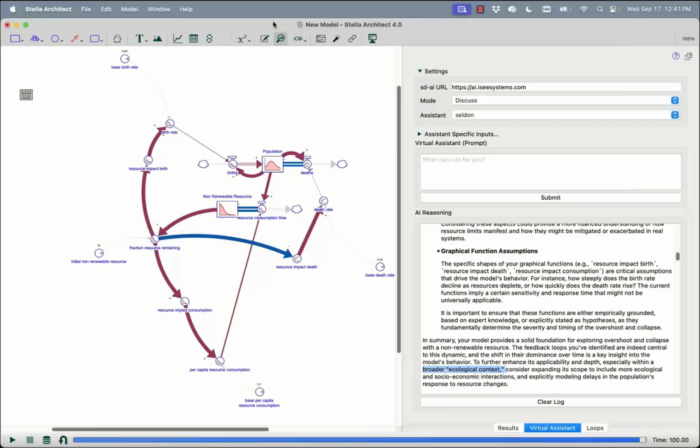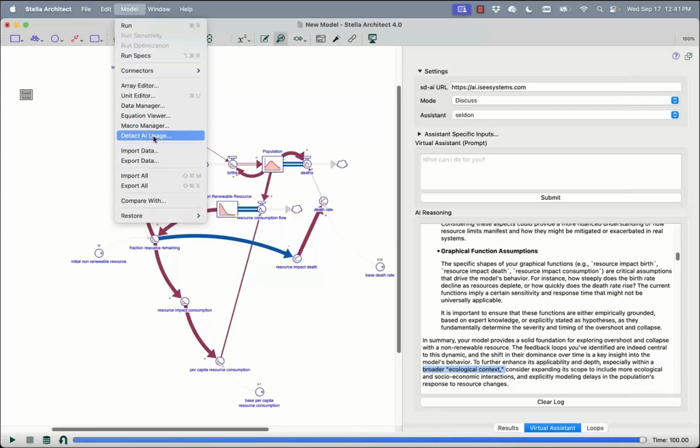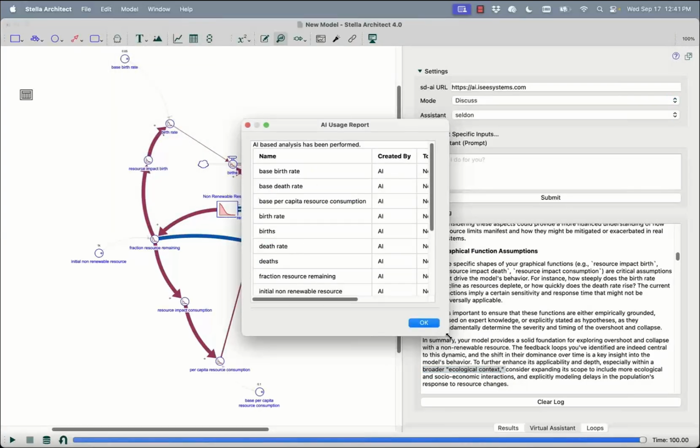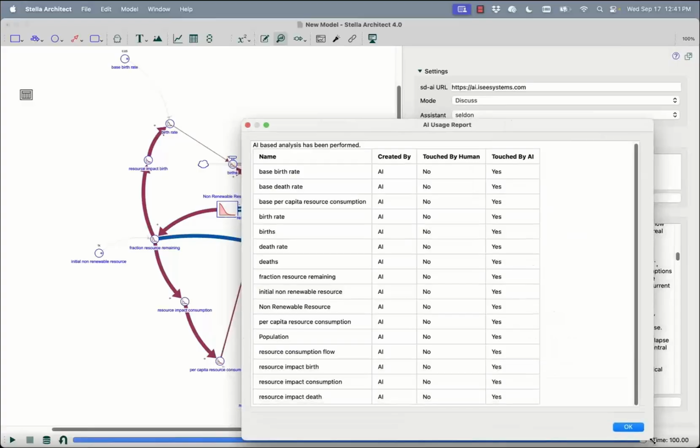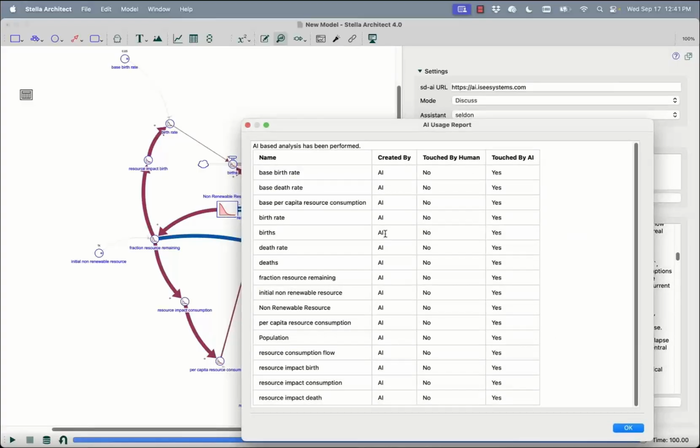Now, some of you are probably getting a little nervous about, my gosh, these tools can really do a lot. How am I ever going to be able to detect the pedigree of the model that I've been looking at? Well, if you go to Model, Detect AI Usage, you get a full summary report that shows you exactly what parts of the model have been built by a human and built by the AI.